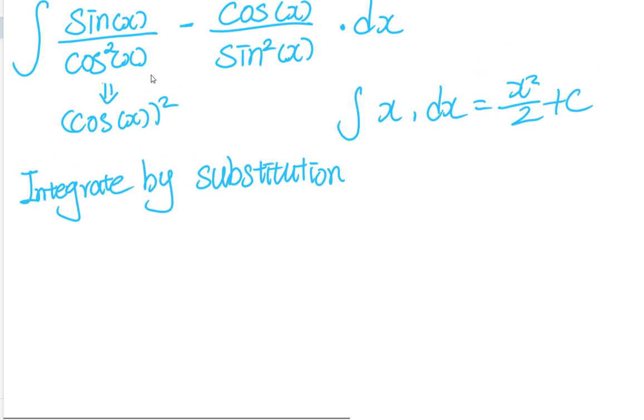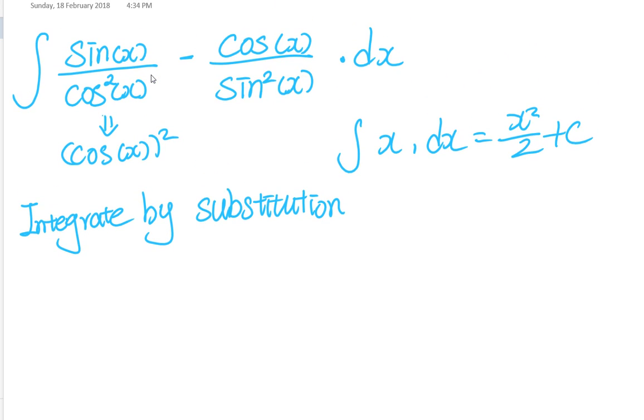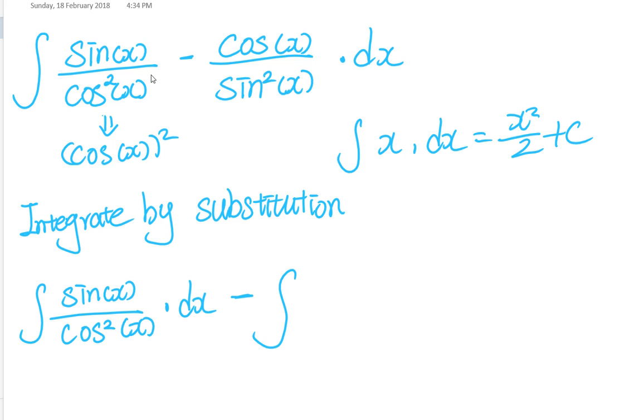Now, in this case, I will break this into two parts, all right? Because I know the integral has a distributive characteristic, so it can be treated as this. So we do it part by part. Do this and then minus this.